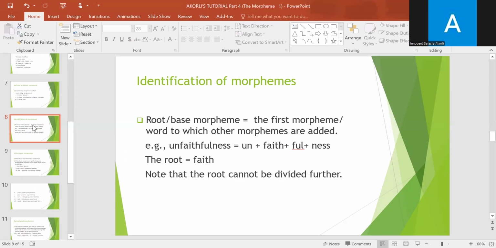So it has come to a particular point where the word must maintain its posture as it is. So the first morpheme to which others are added is the root or the base.